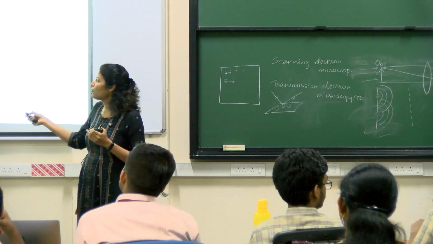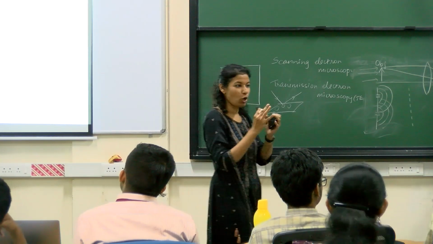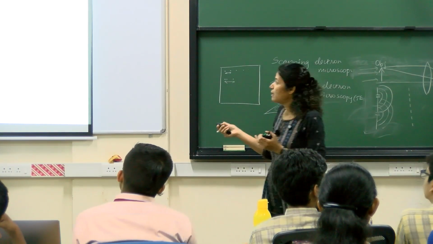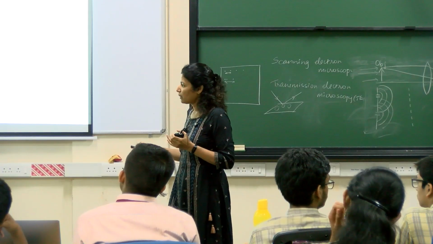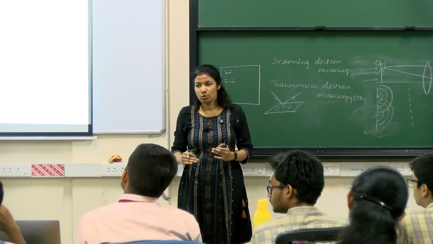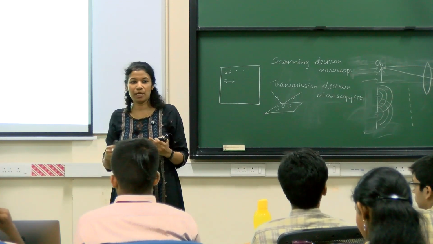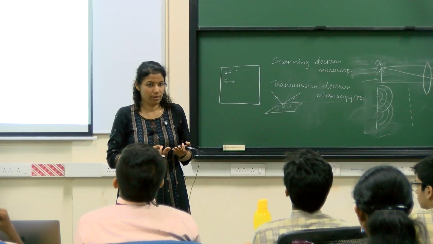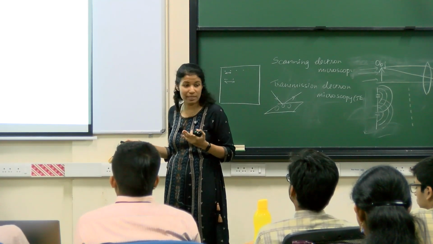Here I'm just taking one protein molecule, one complex which is inside the cell. When it interacts with the electron beam, the image you get is a projection. All of that 3D information is collapsed into a 2D image. We call it a micrograph.